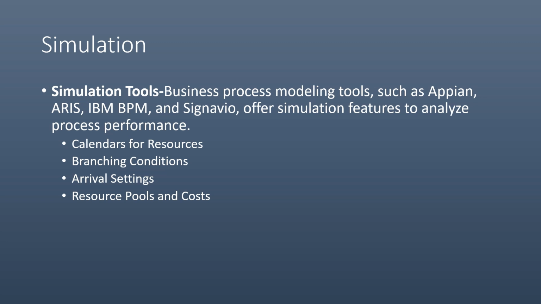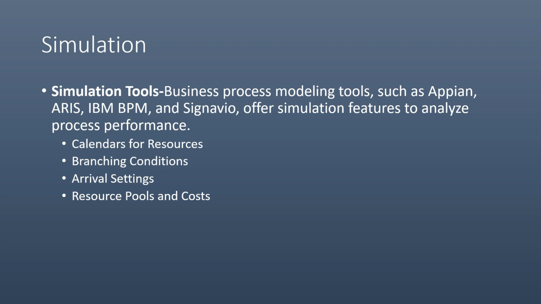The key differences and functionalities found across these tools are mentioned here: calendars for resources, branching conditions, arrival settings, resource pool, and cost. So, what is the calendar for resources? Some tools allow setting work schedules so resources only work during specific hours, like business hours only.